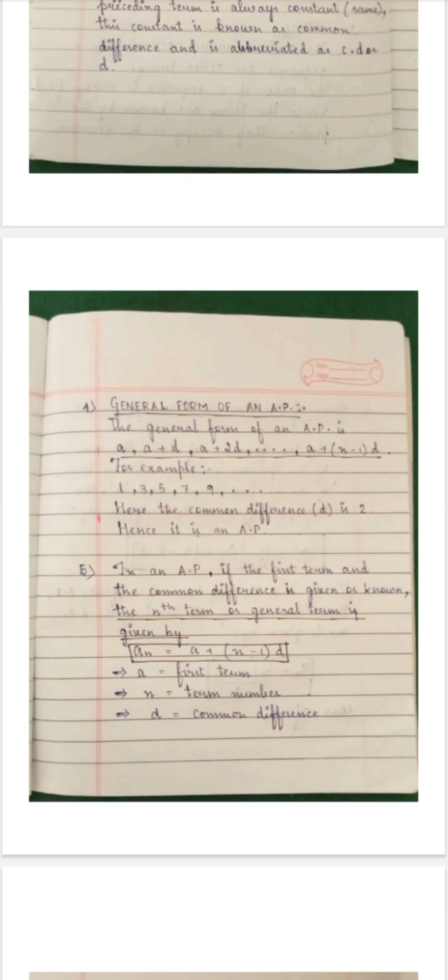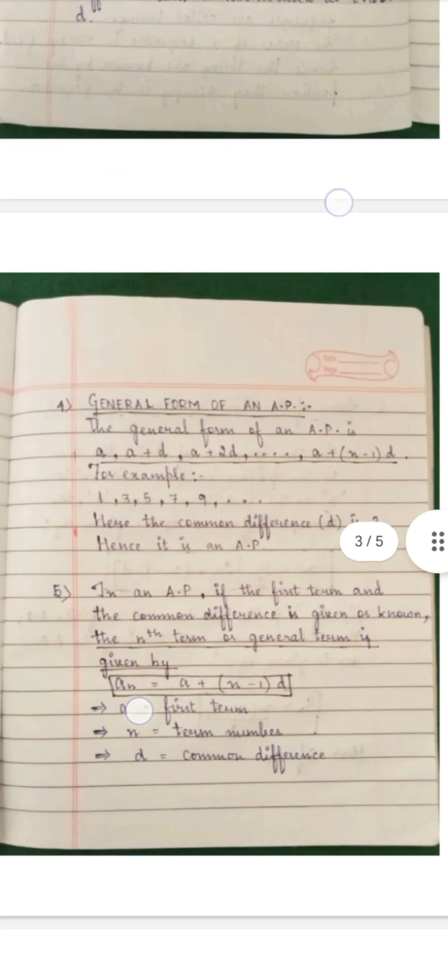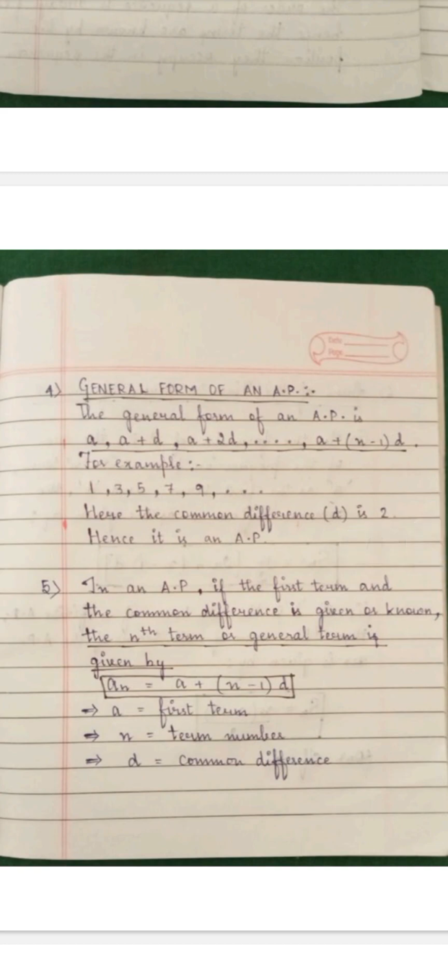Next is the general form of an arithmetic progression or AP. The first term is always denoted as A. The second term we get when we add the common difference to A, so A plus D. Next A plus 2D.